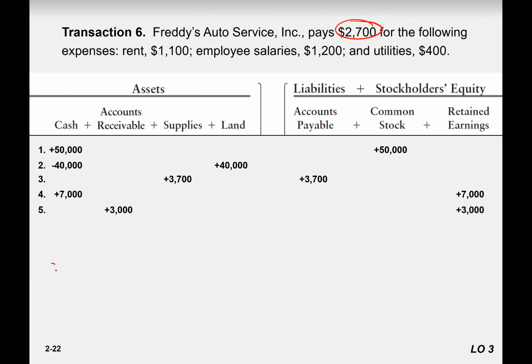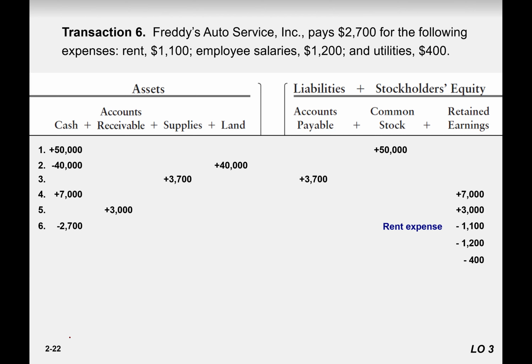You can just write it down: 2,700 is less from cash and less from retained earnings. So you can choose either. It doesn't mean that 2,700 plus 1,100 plus 1,200 plus 400. No, this is just the segregation of 2,700. 1,100 from 2,700 belongs to rent, 1,200 from 2,700 belongs to salaries, 400 from 2,700 belongs to utilities. So you get it?